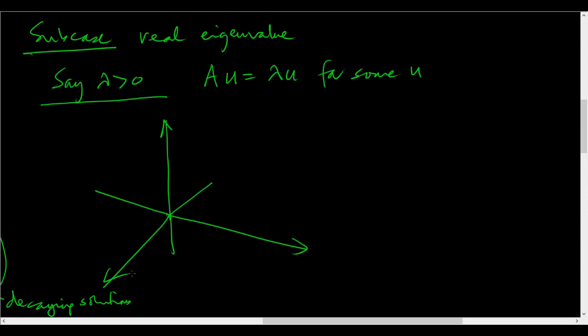So let us say this is q1, this is q2, and I'll just indicate a dot dot dot here and write qn. Let us say this here is the vector u.